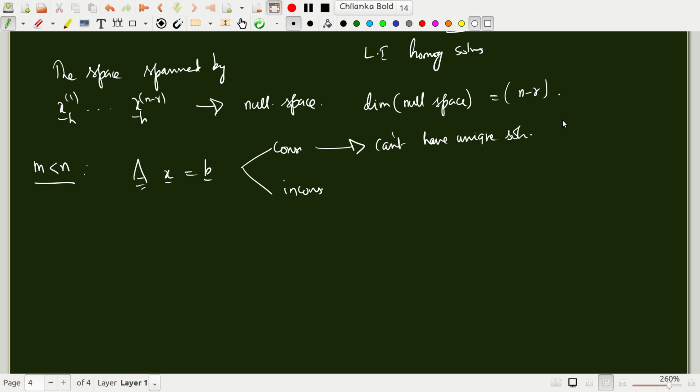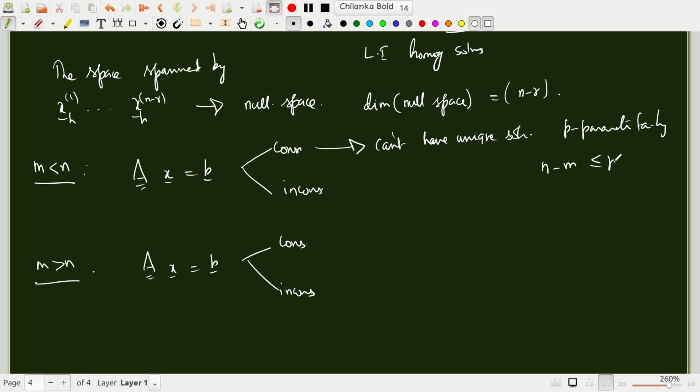So you will have a p parameter family of solutions. Now if m is greater than n, then again Ax is equal to b can be consistent or inconsistent, and here p takes the value n minus m. It depends on the nature of the problem.